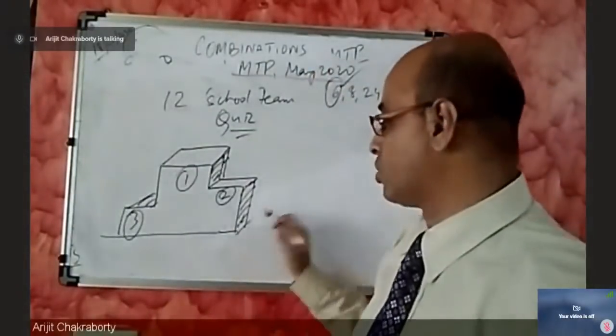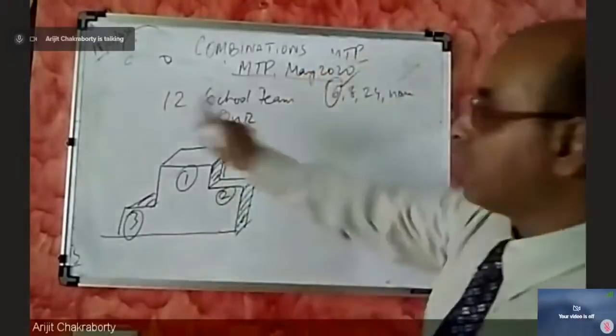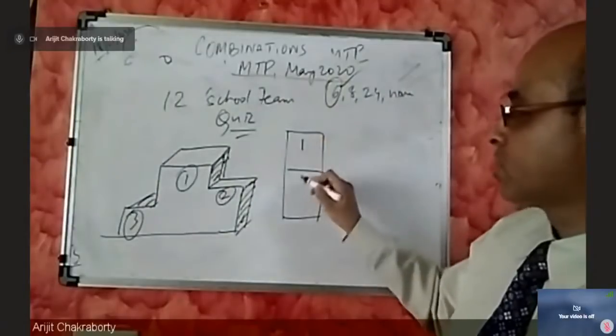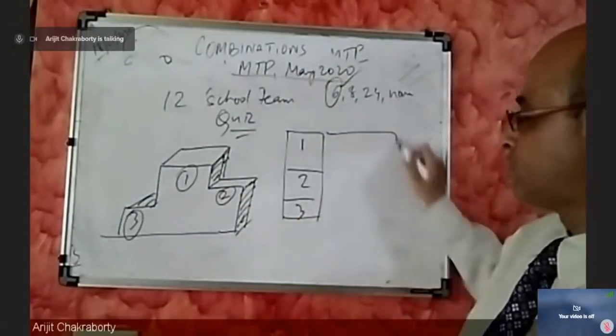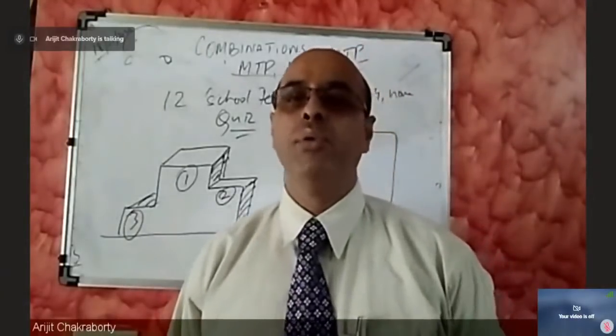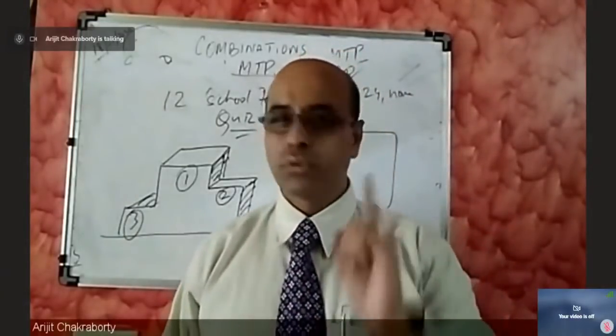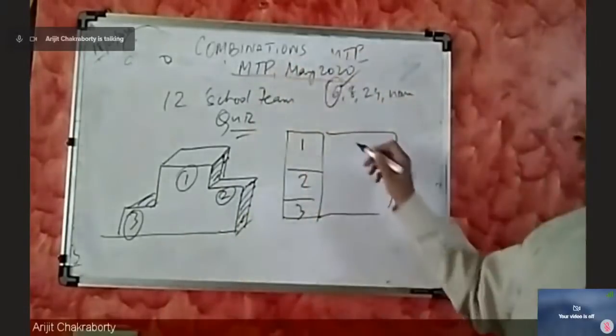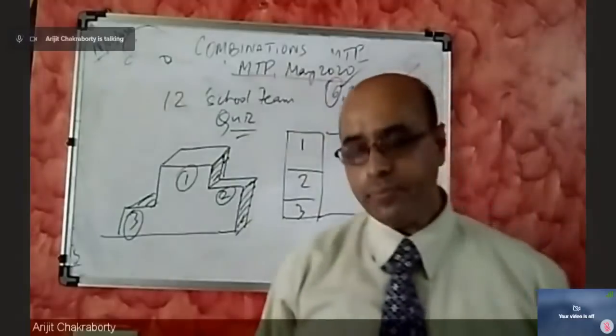In how many ways can you do it? Let's see. 12 teams are there. So first position, second and third. In how many ways can there be a winner for the first position? 12 teams, anybody can be a winner, everybody is the same. So first position can be taken in 12 ways.